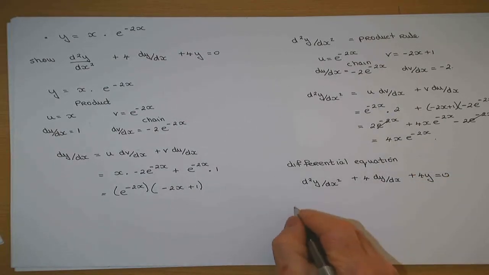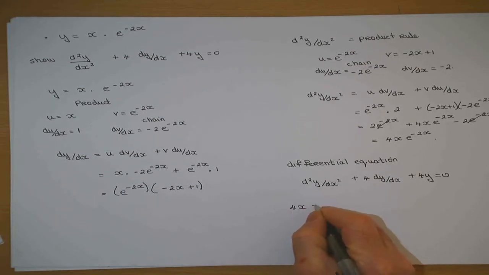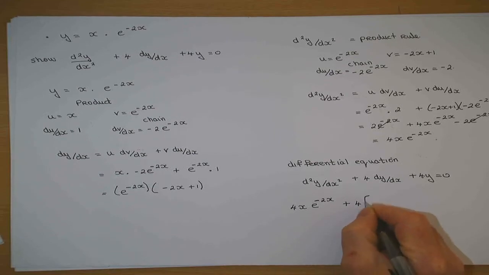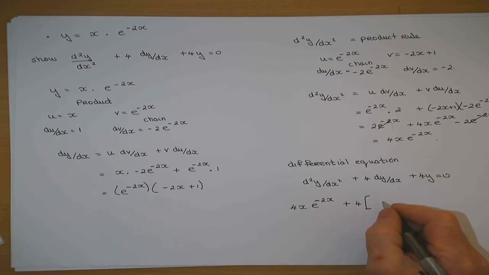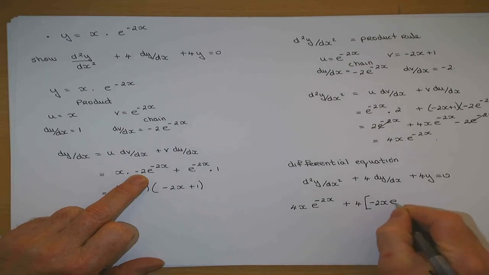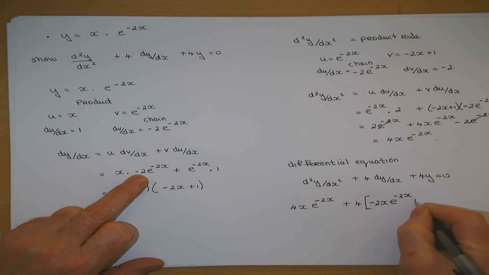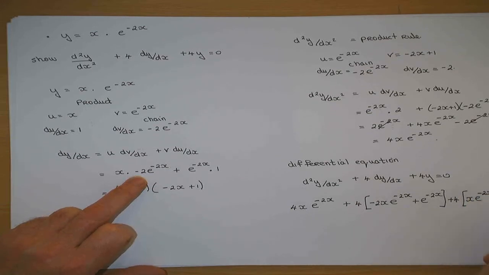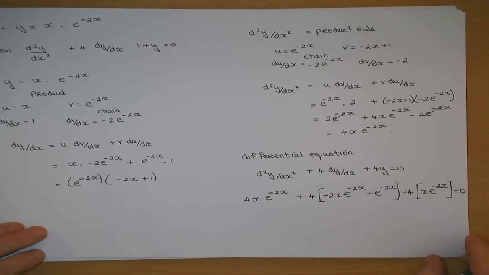The d2y/dx squared, 4x times e to the minus 2x, plus 4 times dy/dx, I have to go for that one, minus twice x e to the minus 2x plus e to the minus 2x, plus 4 times y, x times e to the minus 2x. I have to show that that all turns out to give me 0.